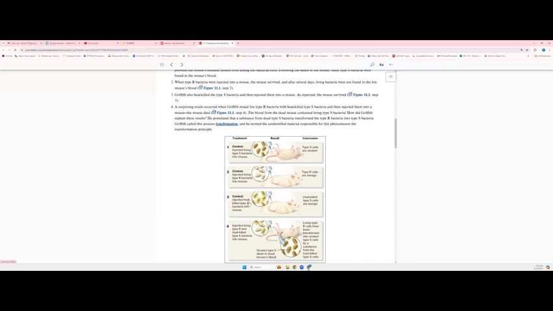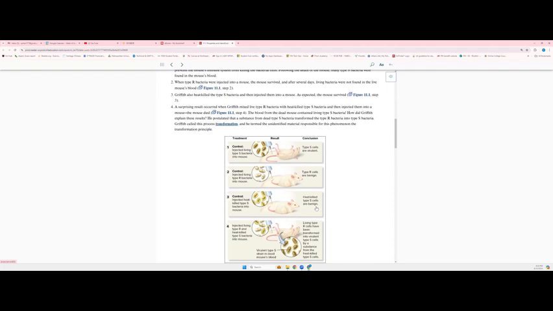Then he used high temperature to kill the S bacteria, and he injected those dead S bacteria into the mice. The mice were still alive, so he assumed that S died with the high temperature, so it cannot replicate and grow inside of a mouse.